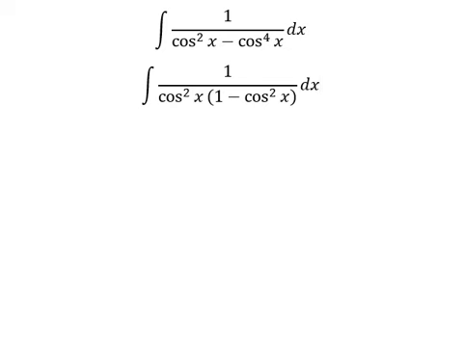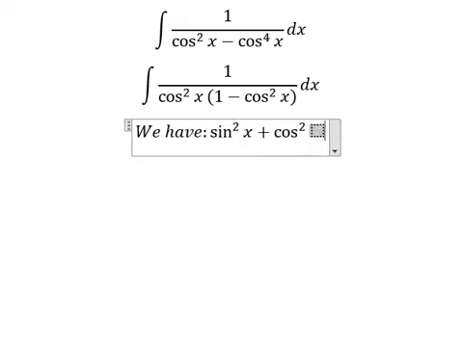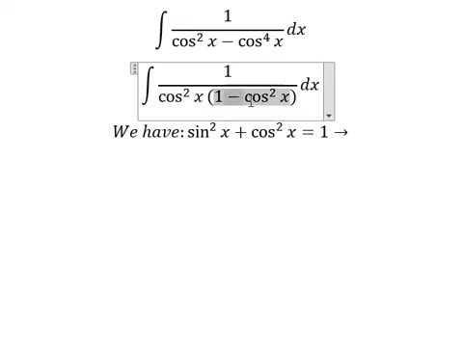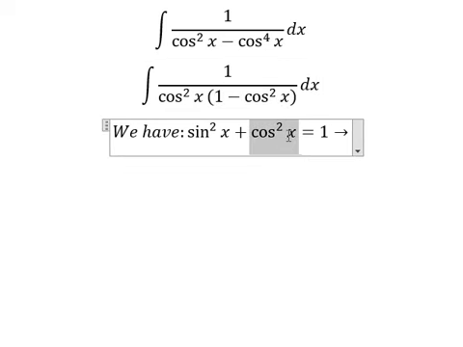Next, we have the formula in here. So we have 1 minus cosine squared. So I will put this one to the right.